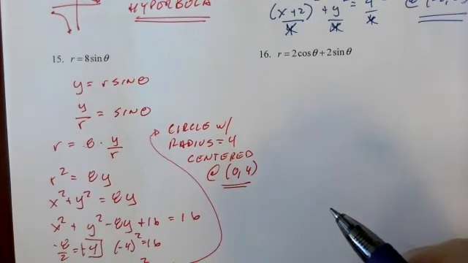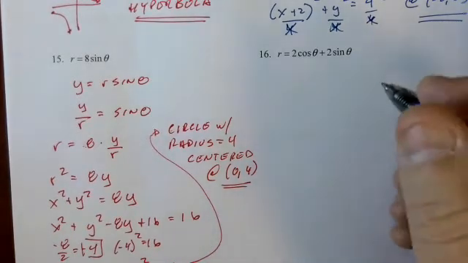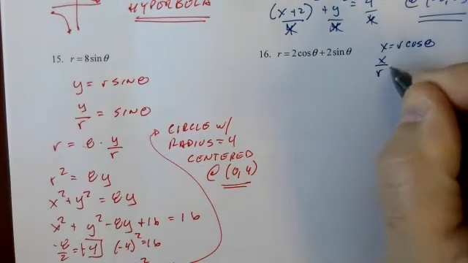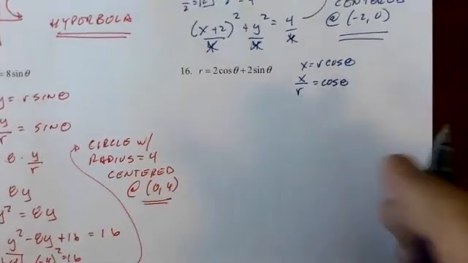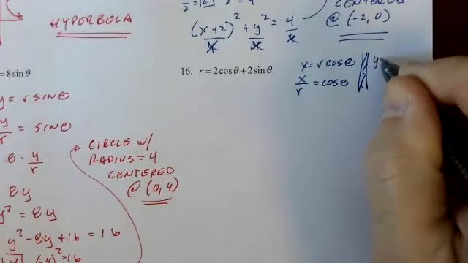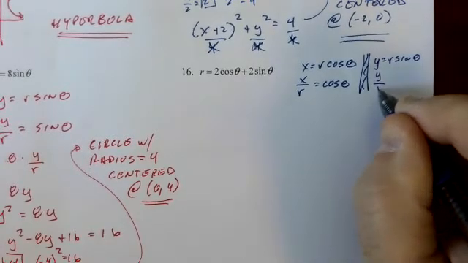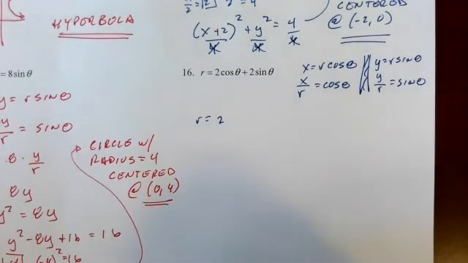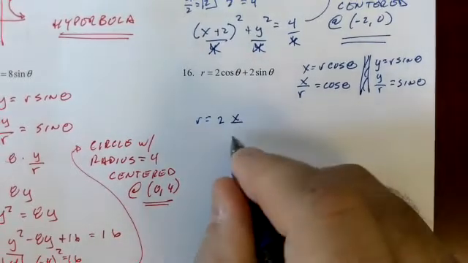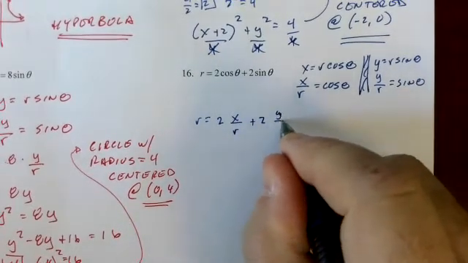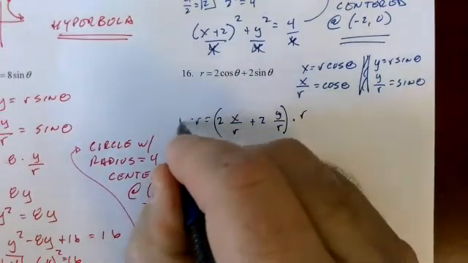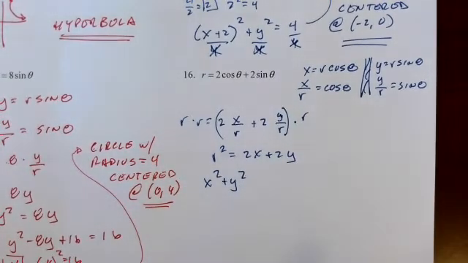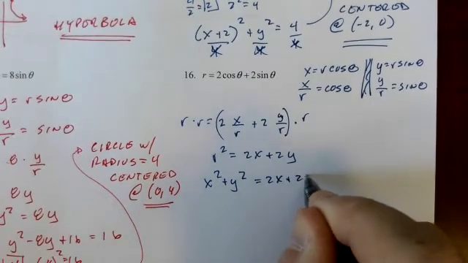r equals 2 cosine of theta plus 2 sine of theta. I've got that same trick over here where I can say x equals r cosine of theta, x over r equals cosine of theta, y equals r sine of theta, y over r equals sine of theta. r equals 2 x over r plus 2 y over r, times r, gives r squared equals 2x plus 2y. x squared plus y squared equals 2x plus 2y.